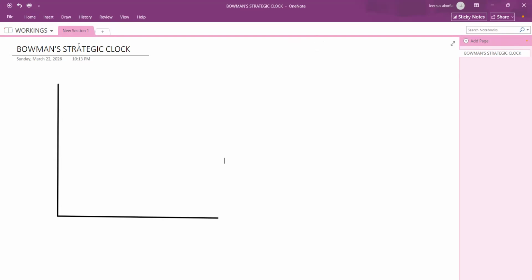And so our y-axis is called the perceived quality. Pardon my handwriting.